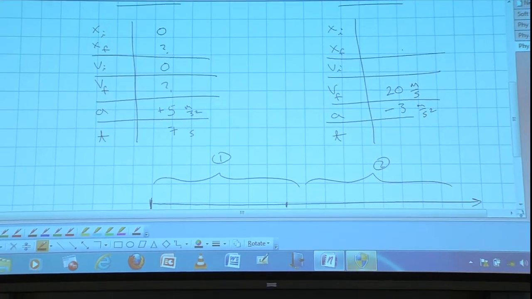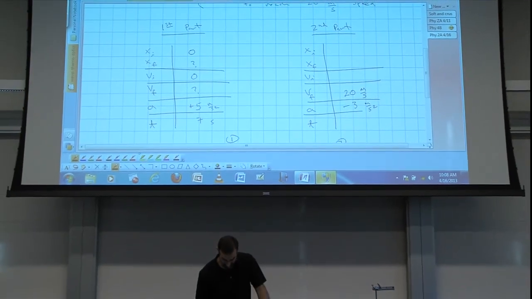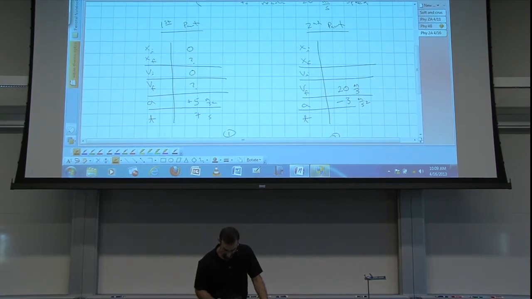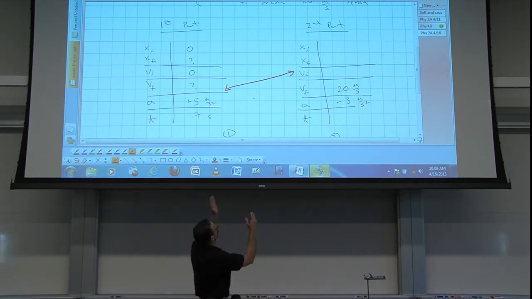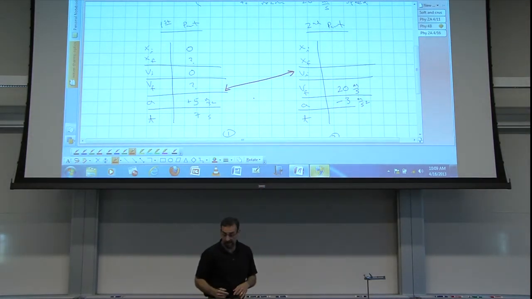But these two charts are linked together, because the final velocity on this side is equal to the initial velocity of the second part. The ending speed for the first part is our beginning speed for the second part. So we can use the information in the first part of the problem to solve for v final.